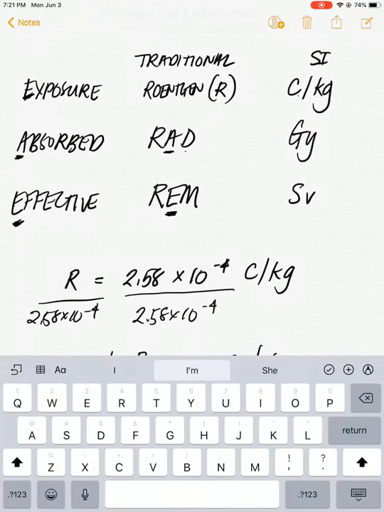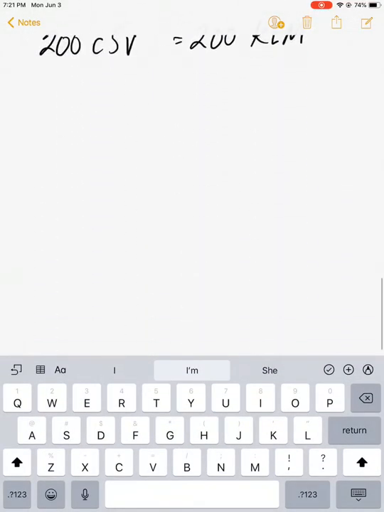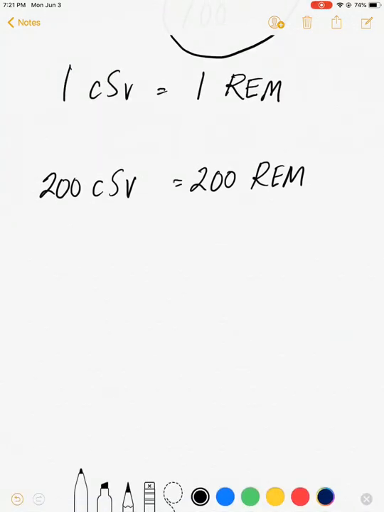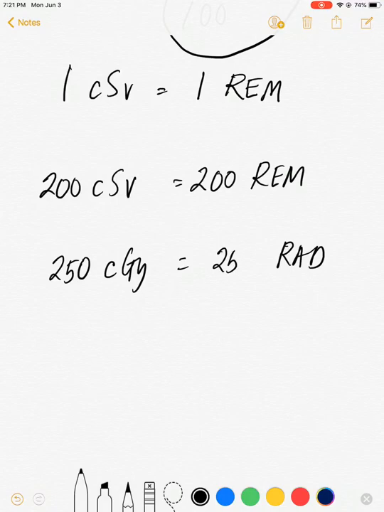If we were to say, 250 centigray equals how many rads? It would be 250. And again, this is all on page 317 in your book. Use it as reference.